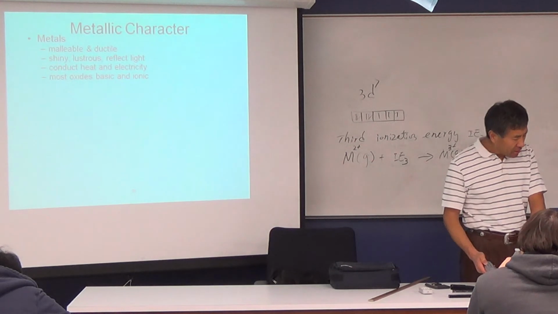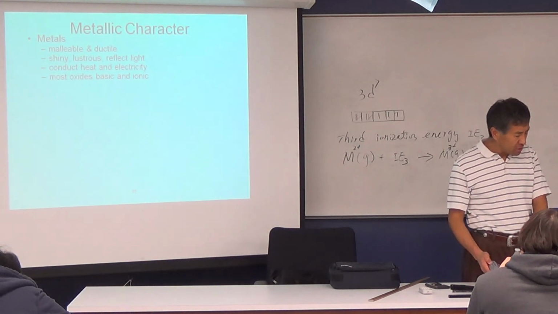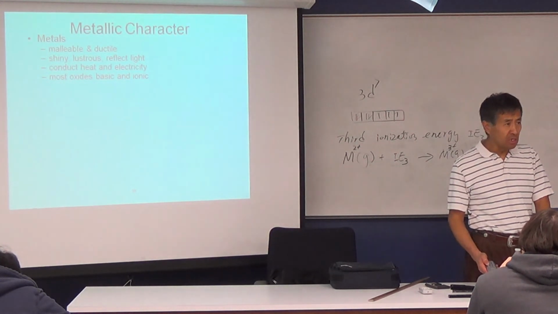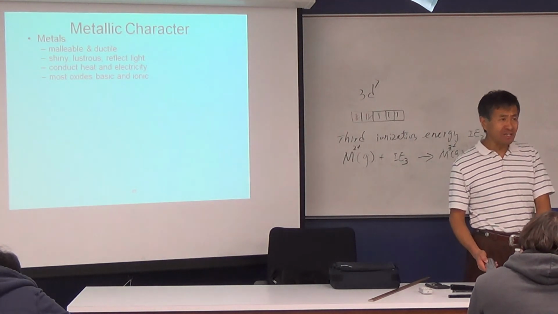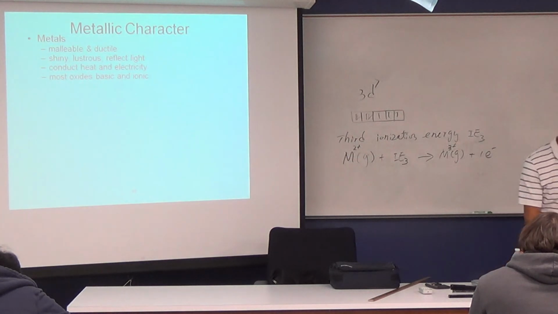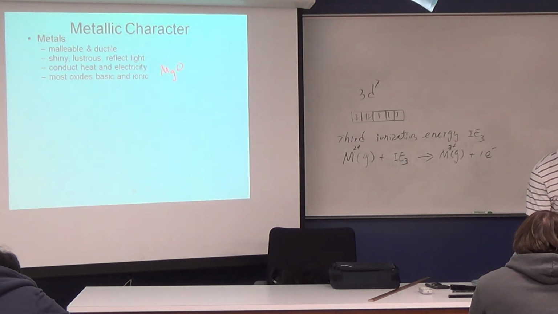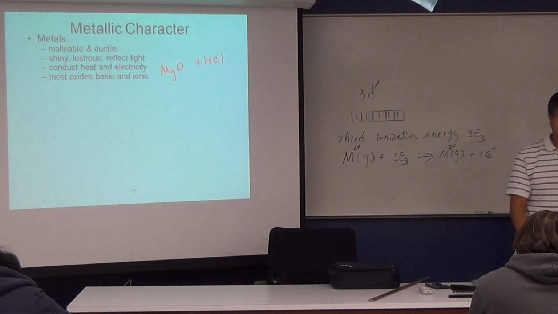You also want to know that most metal oxides are basic and ionic. That is why in the lab we did MgO. Remember that lab? We took that with HCl and had an acid-base reaction.